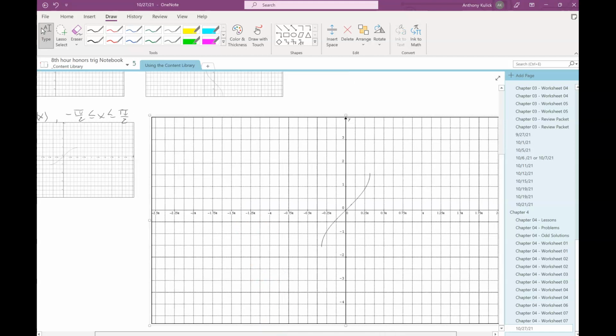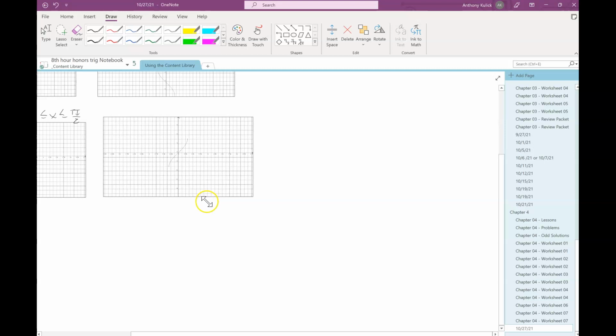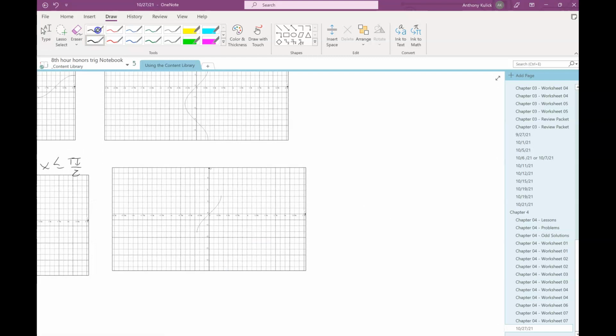We get this graph. Notice here that this now is a function, right?